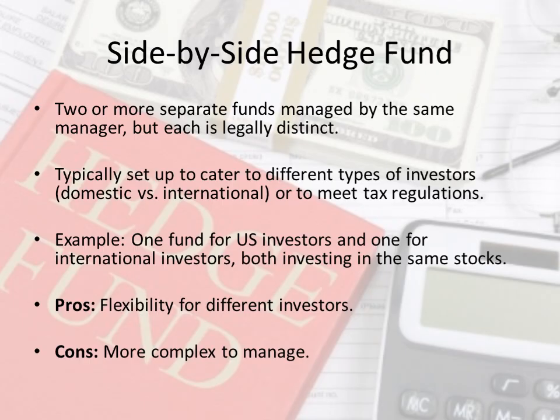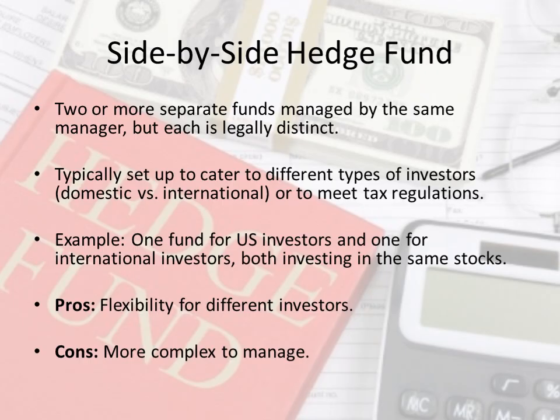Even though both clubs are investing in the same things, you keep their money separate. Let's say one fund is for US investors and the other is for non-US investors. Both funds buy the same tech stocks like Google or Facebook, but they are managed separately because different investors have different tax or legal requirements.